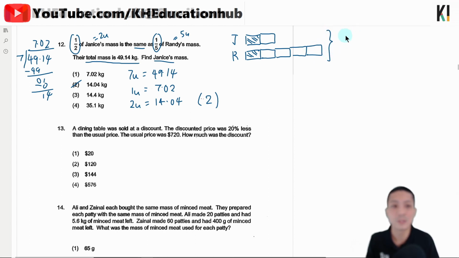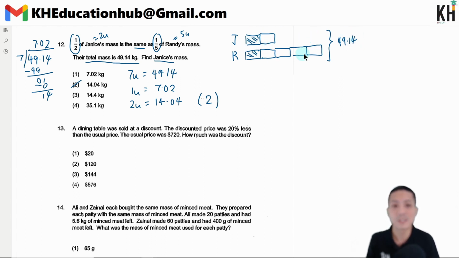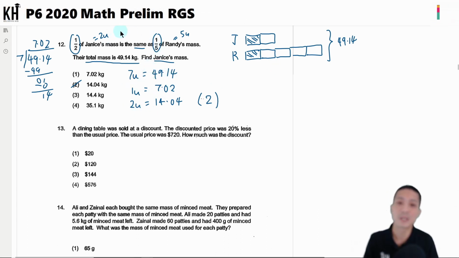Then their total mass will be 49.14. From here you can also see that there are 7 blocks equal to 49.14, which is the same as the shortcut method. So once you're familiar with the model method, you've got to upgrade your method and make it faster and do the shortcut way.